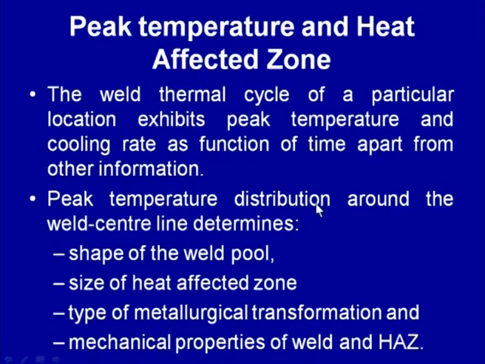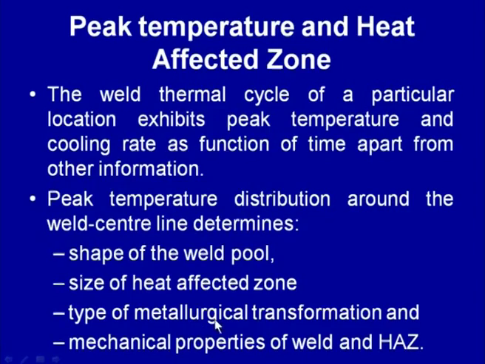Further, regarding the type of metallurgical transformation, if the peak temperature at a particular location in the heat affected zone is higher, then it will cause greater coarsening of the austenitic grains, and these austenitic grains subsequently will result in the martensitic transformation. But if the peak temperature is limited, then it can simply result in the pearlitic or the bainitic transformation.